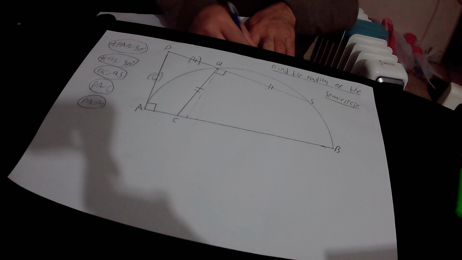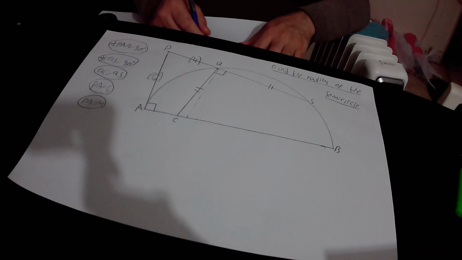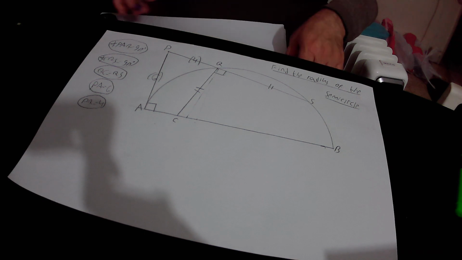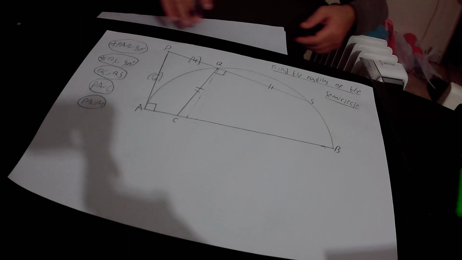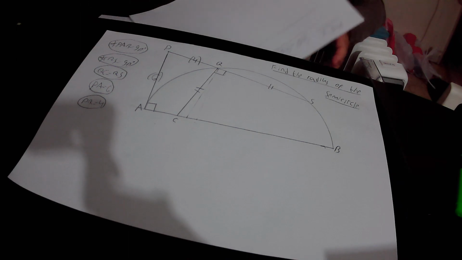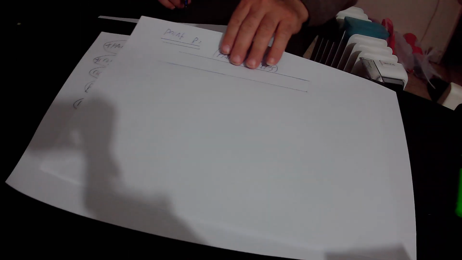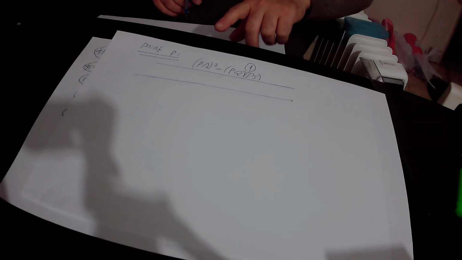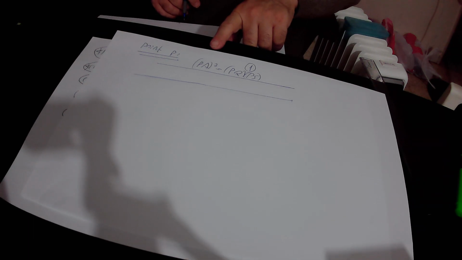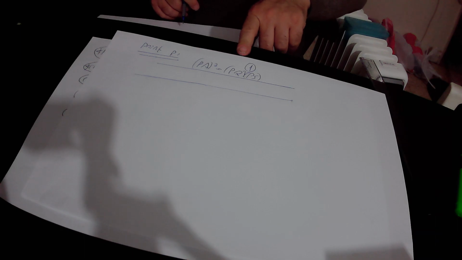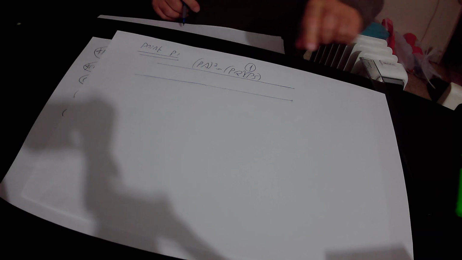I repeat again. Now, in the original drawing, according to rule number 10, PA squared equals PQ times PS.